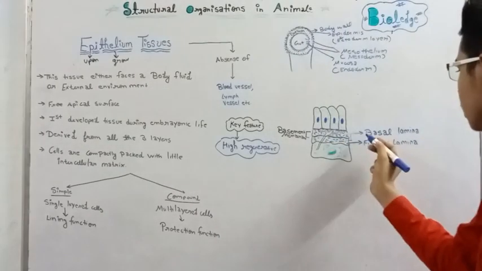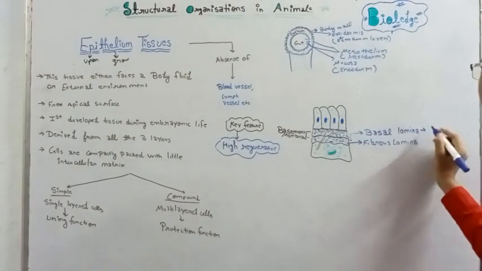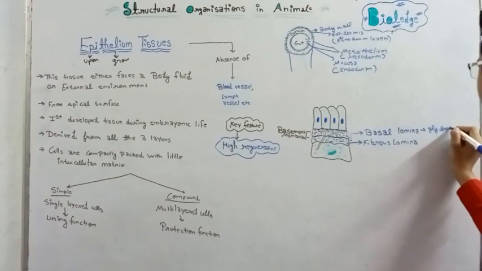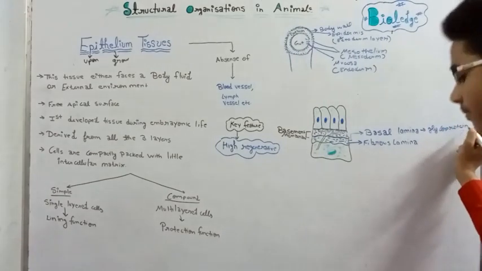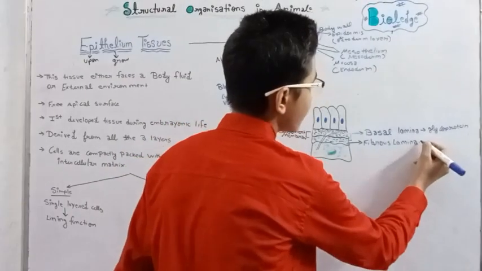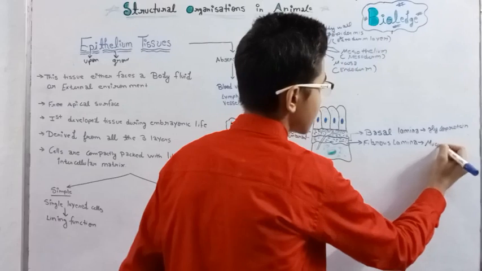They are both sub-parts of the basement membrane. Basal lamina is made of glycoproteins, whereas fibrous lamina is made up of mucopolysaccharides.